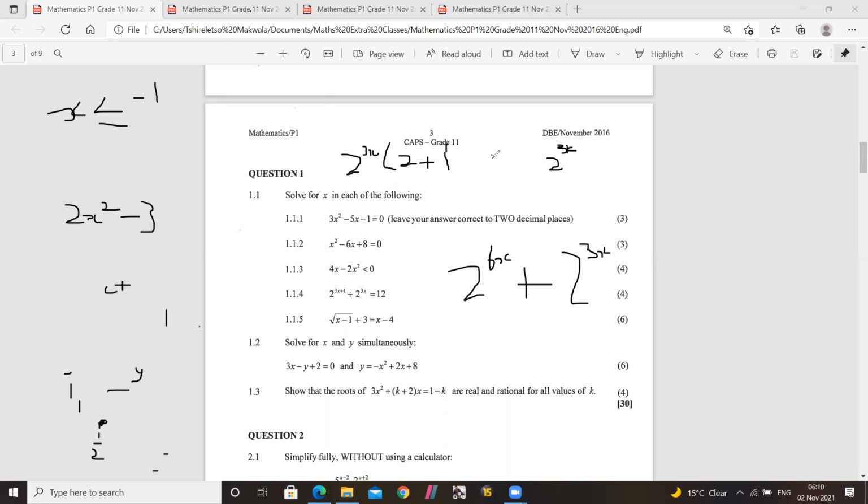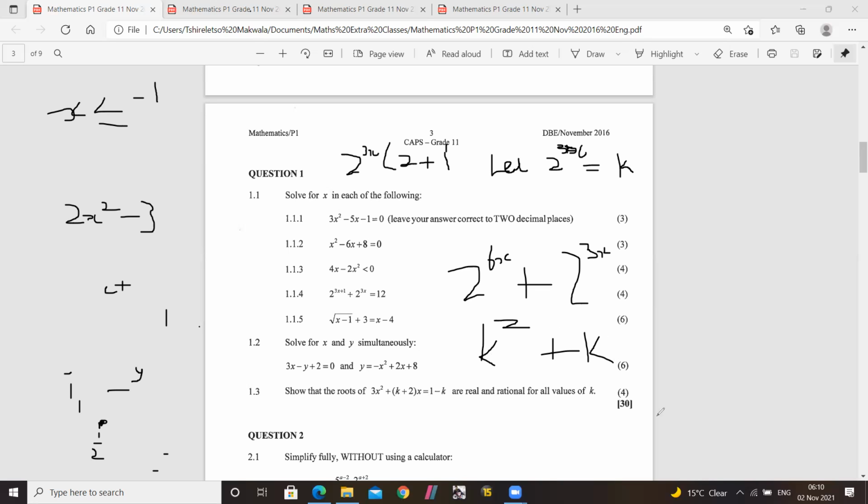So you can say let 2 to the power of 3x be equal to k. Then what happens? k squared plus k.